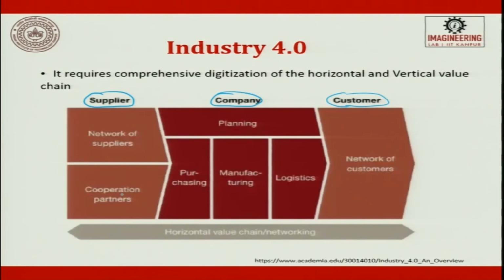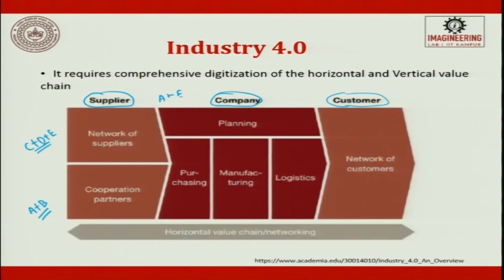So, there are two things at the supplier end: network of suppliers and cooperation of suppliers. For example, A plus B job is done here, C plus D job and E job is done here, and then the entire component of A to E is fed into the company for processing. So, this can be like a casting process, this can be like a machining process, you try to supply.